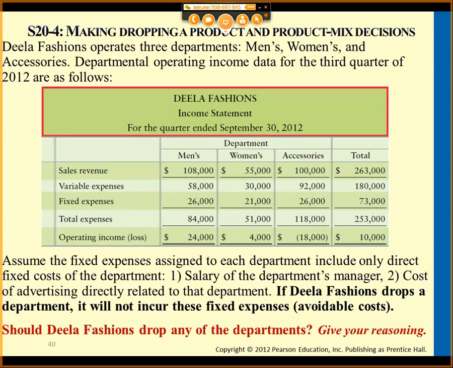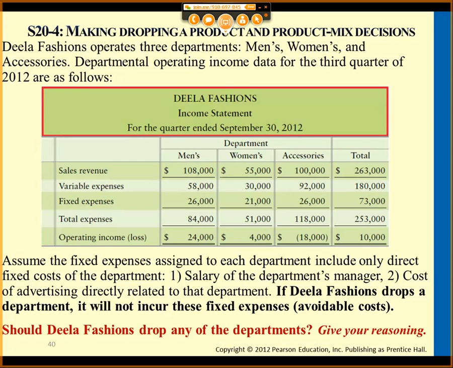What do we have here? It says assume the fixed expenses assigned to each department include only direct fixed cost of the department. What does it mean? Is it going to affect any other departments? No, it's not. Good.